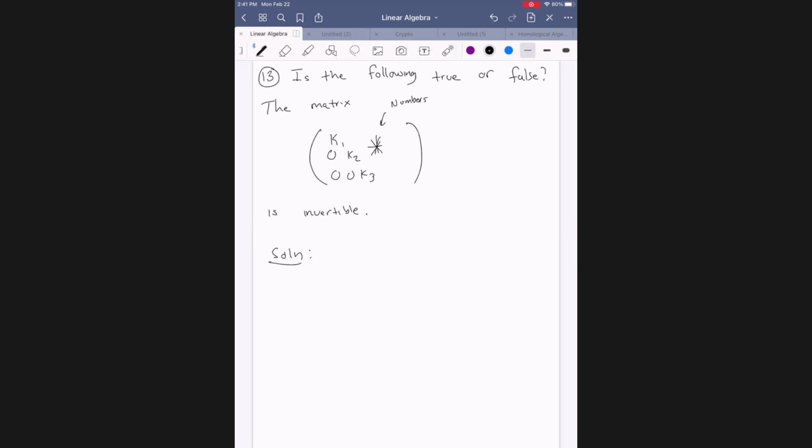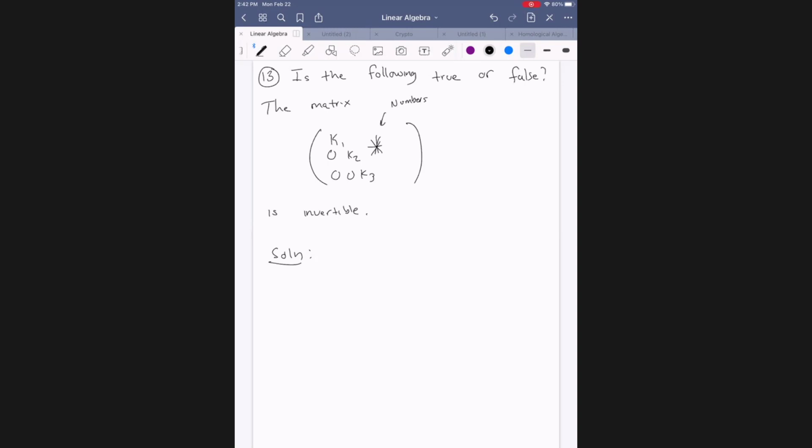Okay, so what are your thoughts? Yeah, exactly, and determinant. So what's the determinant of this? Okay, that's the first good step right there.